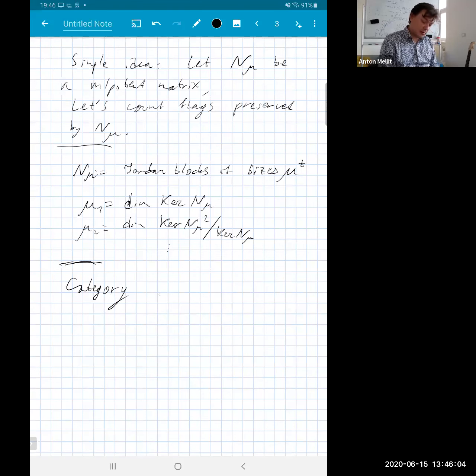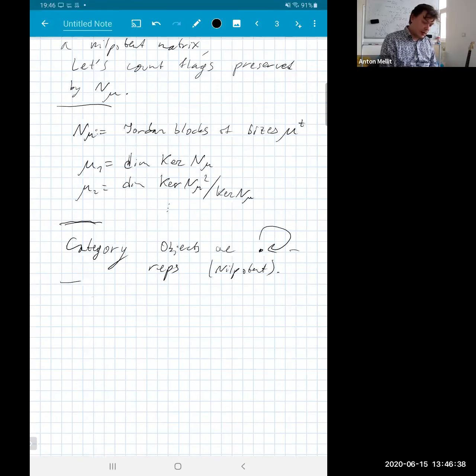There is a category where objects are representations of the one loop quiver, which are nilpotent. And this is an abelian category of dimension 1 with trivial Euler form. And you can consider the Hall algebra.